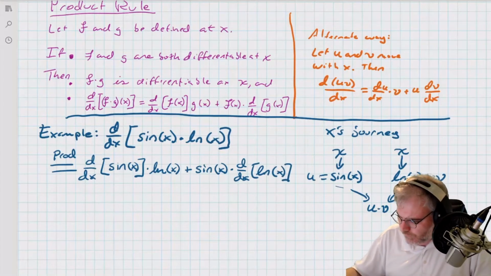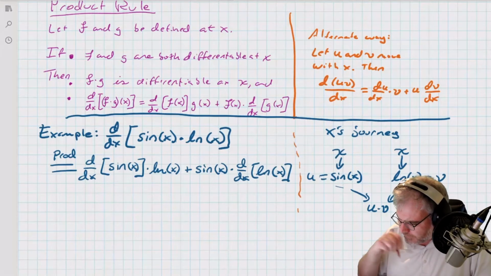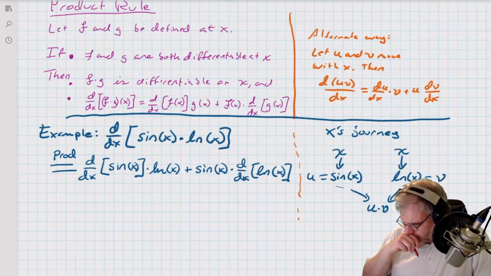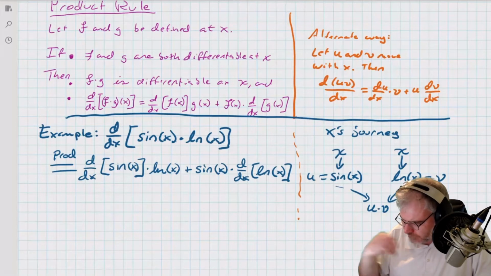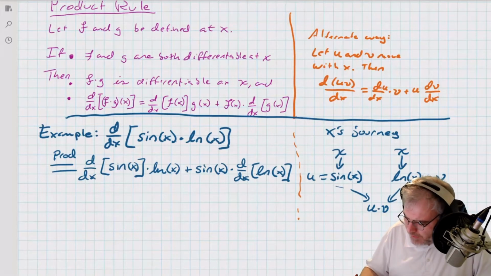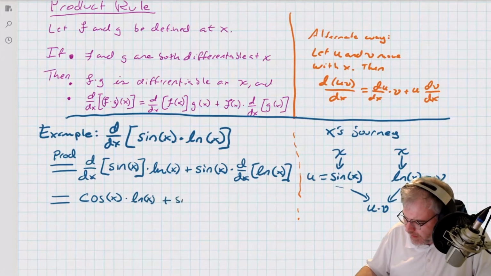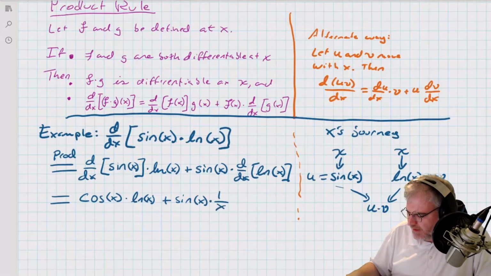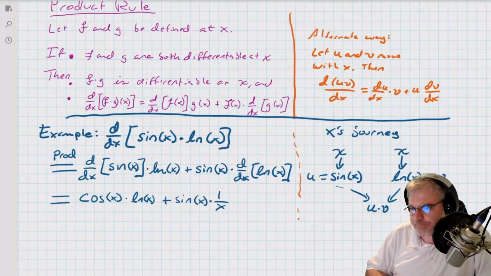Okay, that's what the rule says. And then I'm going to evaluate each of these derivatives. So this becomes cosine of x times ln of x plus sine of x times 1 over x. And I'm just going to leave it like that.